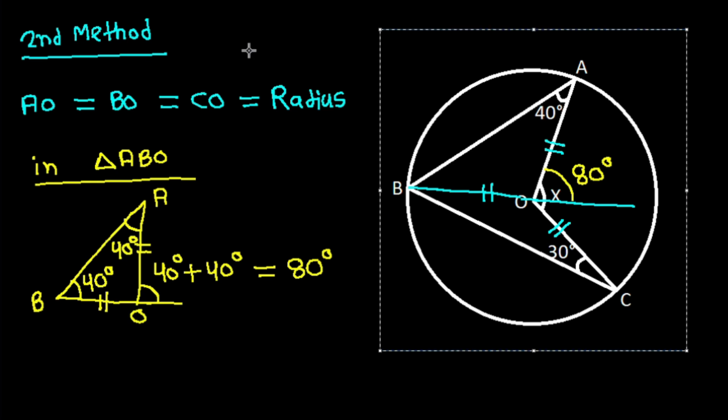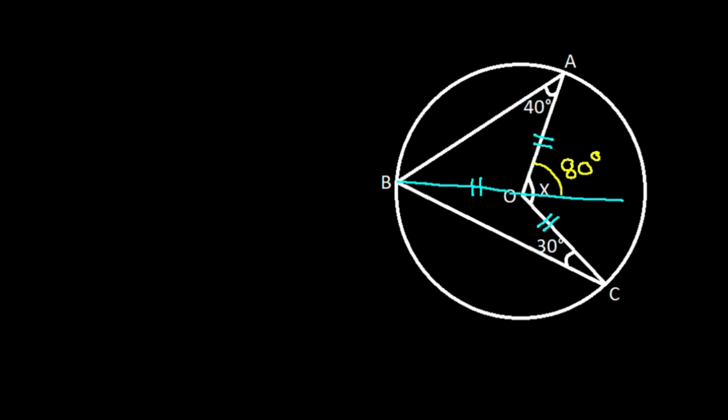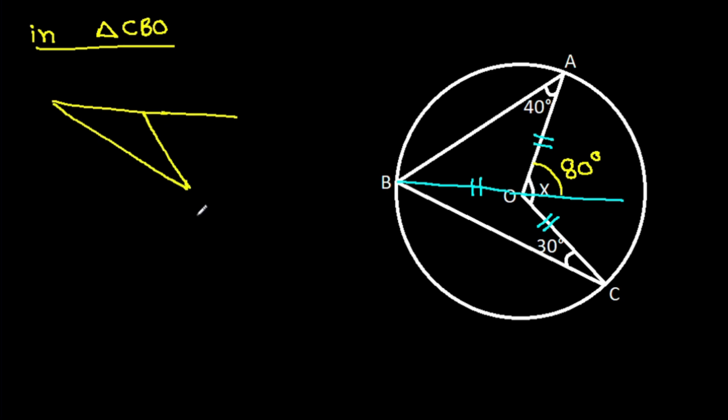And in triangle CBO, CO and BO are equal. That means these two angles will be equal, and this angle is 30 degrees, so this angle will also be 30 degrees.